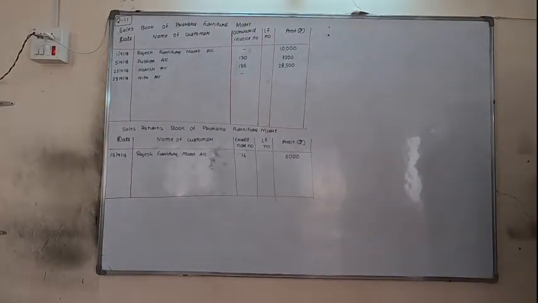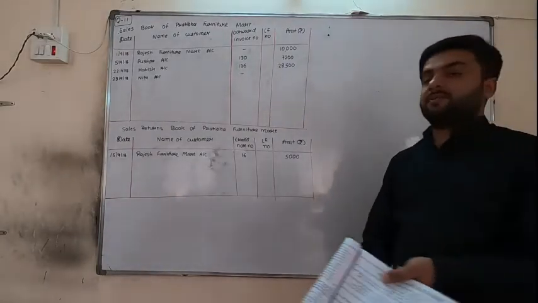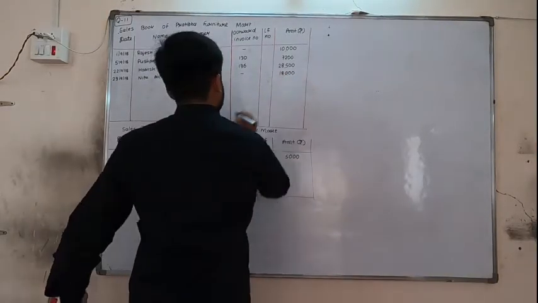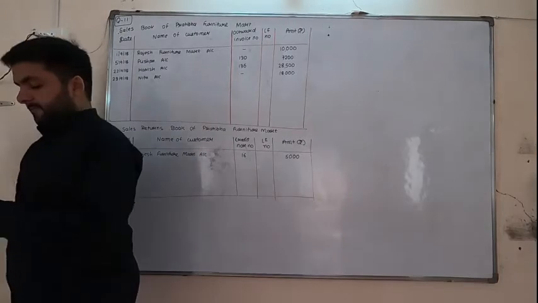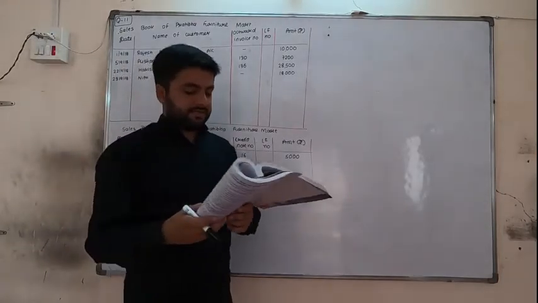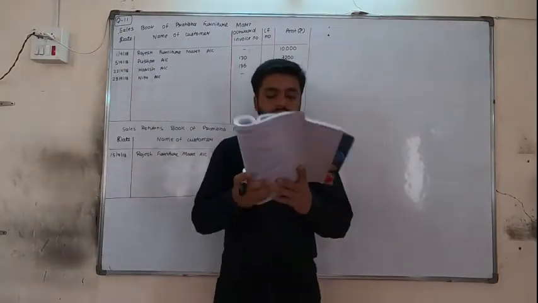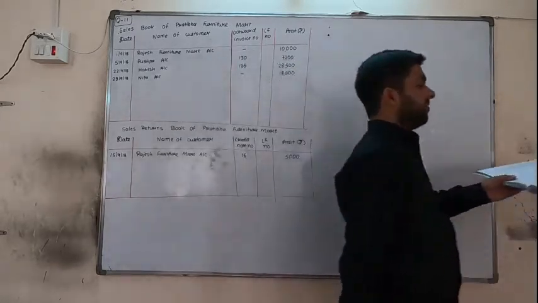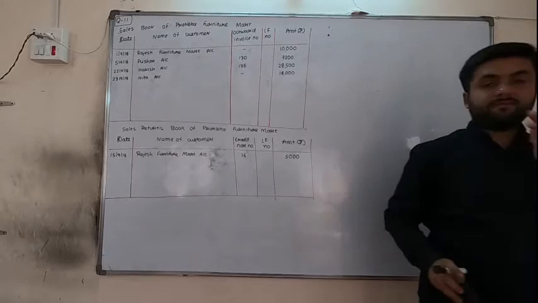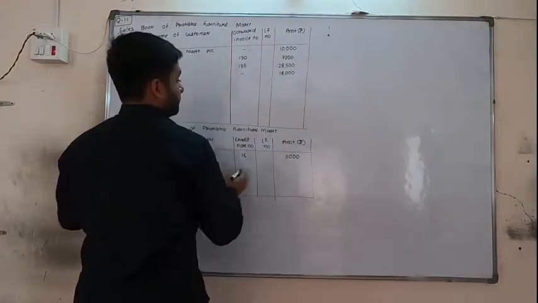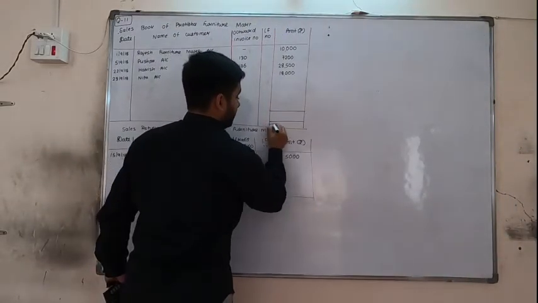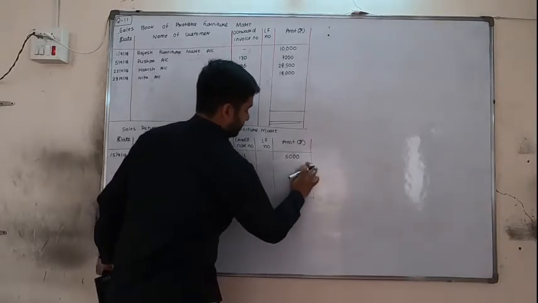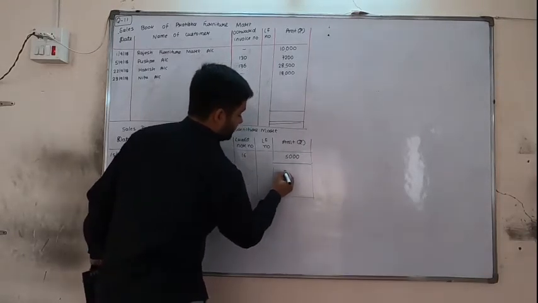Don't subtract cash discount. 20,000 minus 10% is 18,000. Last, an order for goods of 15,000 received from location. Order is received, not a complete transaction. Okay. Here only one transaction is there.